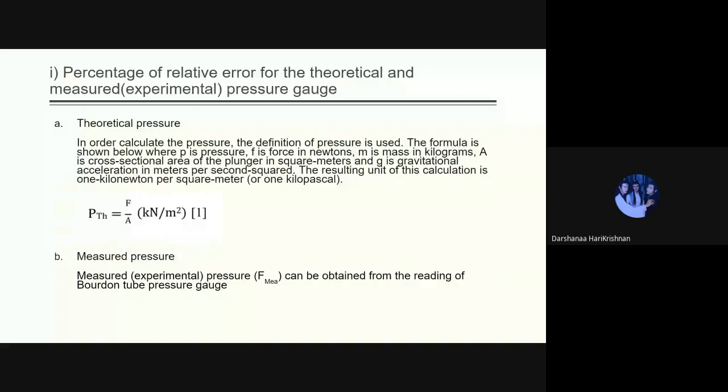The formula is shown below, where P is pressure, F is force in newtons, M is mass in kilograms, A is cross-sectional area of the plunger in square meters, and G is gravitational acceleration in meters per second squared. The resulting unit of this calculation is 1 kilonewton per square meter. The measured pressure is the experimental pressure, which can be obtained from the reading of the Bourdon tube pressure gauge.